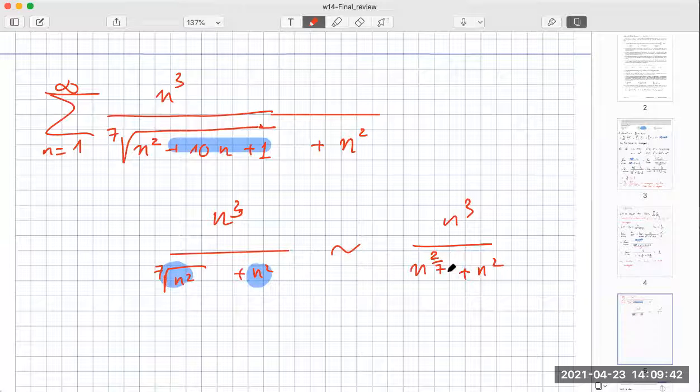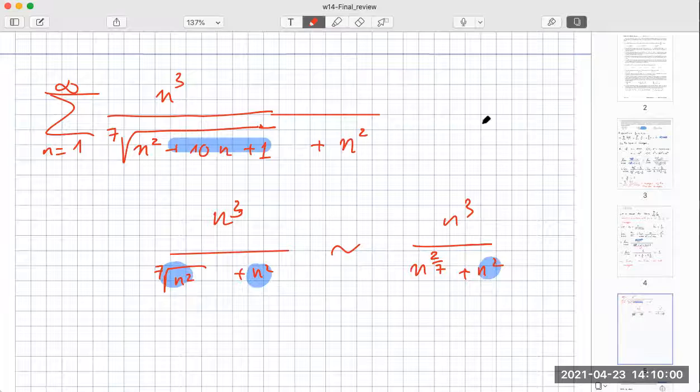I think if we put it this way, it's easier to observe. 2 over 7 is smaller than 1, and n squared is larger than 1, so the highest degree should be this one.